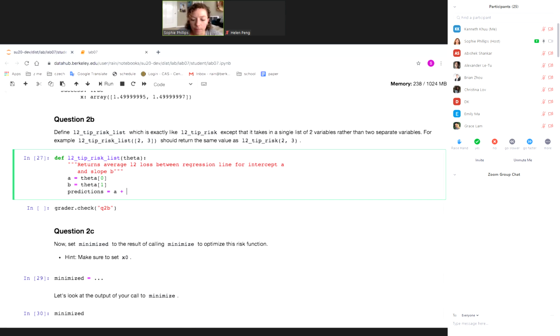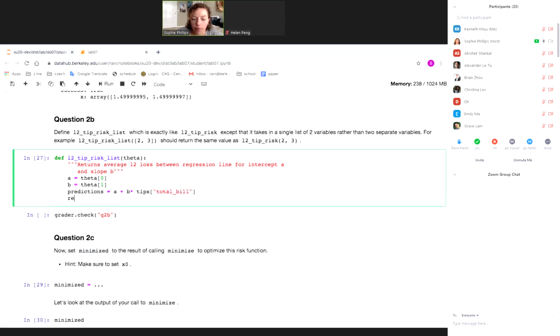Predictions are A plus B times tips at the Bill X values. And then we return the mean squared prediction error. Great.